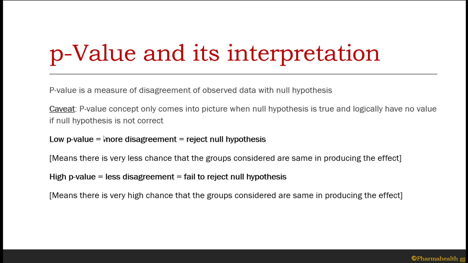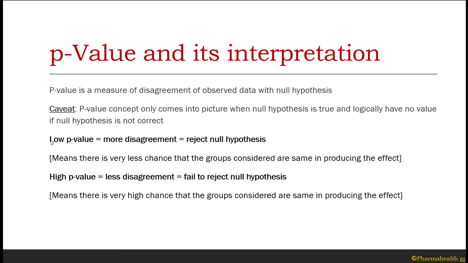More disagreement can be explained like this: the effects of drug A and drug B are not equal, and the disagreement of effect, or let's say the effect size, is higher. Higher the effect size, lower will be the p-value. Simply, in layman's words, we can say that there is very little chance that the groups considered are the same in producing the effect.